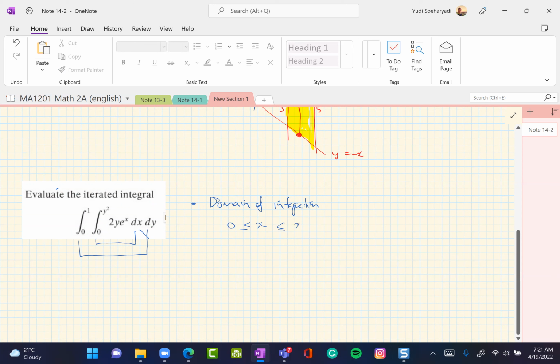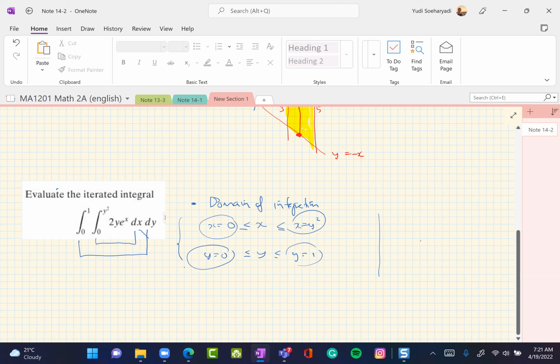And y is between y equals 0 and y equals 1. Okay, so the area looks like this.